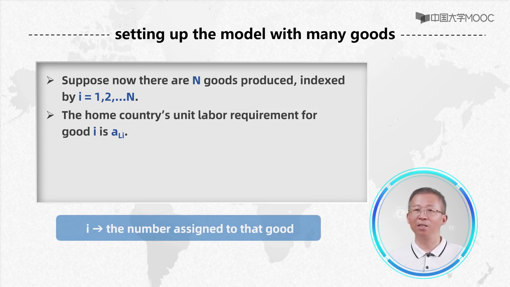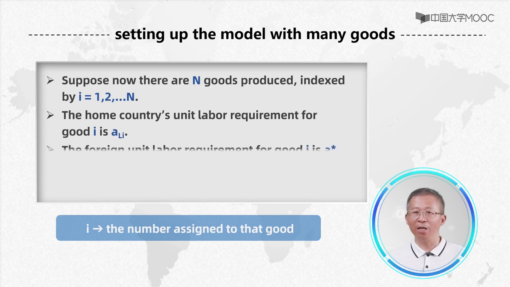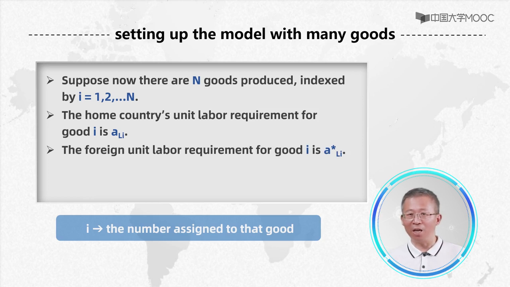For instance, if 6 is assigned to wine, a_L6 will mean the unit labor requirement in wine production. We label the corresponding foreign unit labor requirements a_LI star.